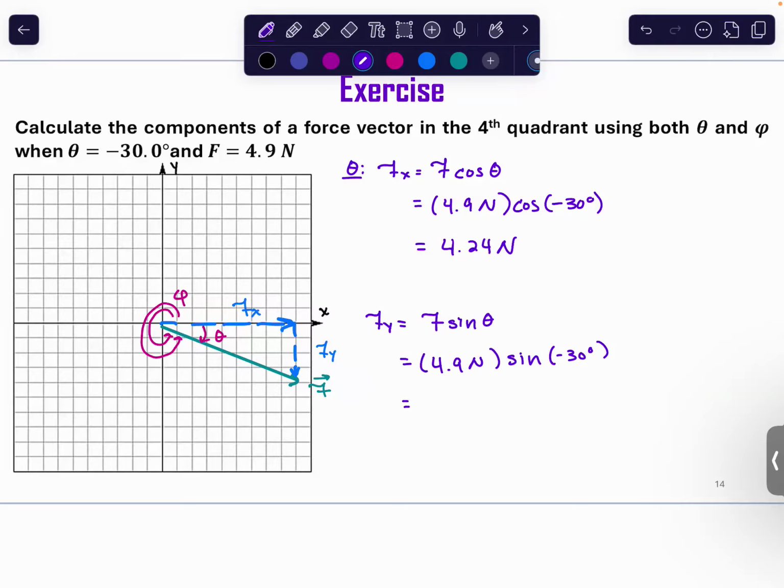And what do I get for this one? Again, no matter what you get, you're going to put a negative sign on it because it's pointing in the negative y direction.